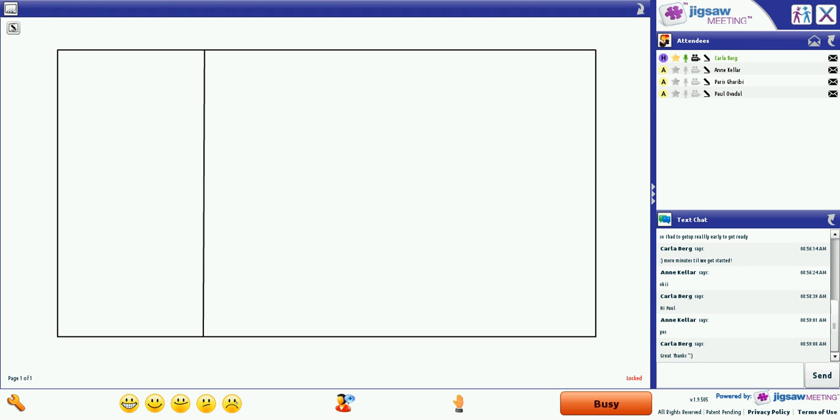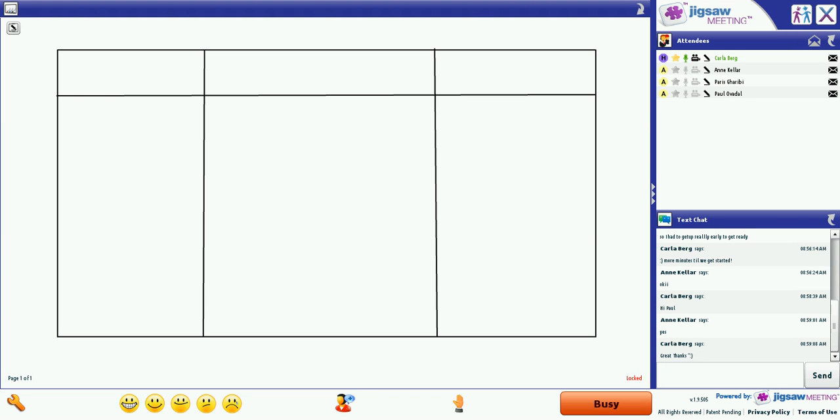To do that, it's the bottom right larger rectangle. Click on it, and there's an arrow that looks like it's pointing up and to the right-hand side of your screen. Click on that, and my picture goes away, and the whiteboard comes up.